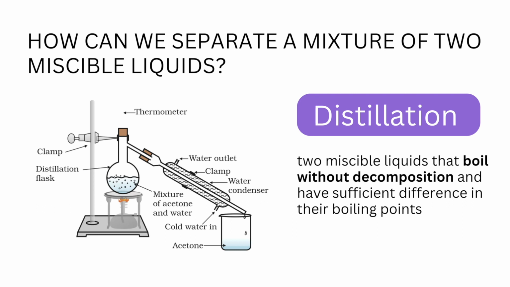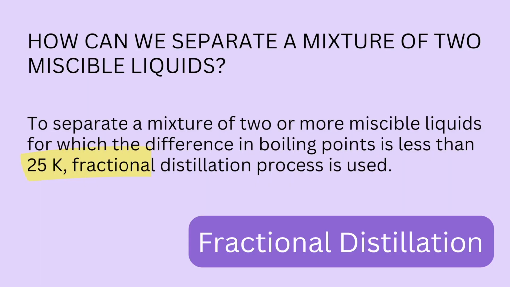Now for this to work, the boiling point difference should be higher. Why should the boiling point difference be higher? That is the reason that we will see in the next slide. To separate a mixture having two or more liquids where the boiling point difference is less than 25 Kelvin, we use a technique called fractional distillation.